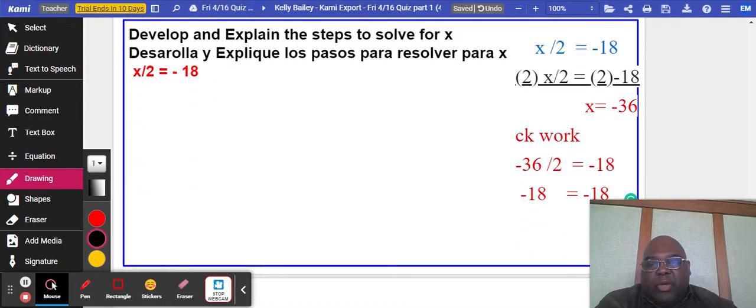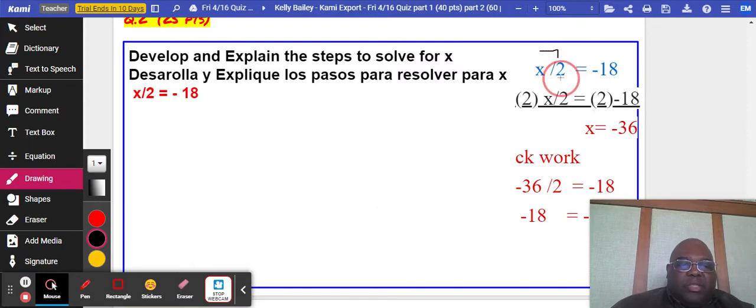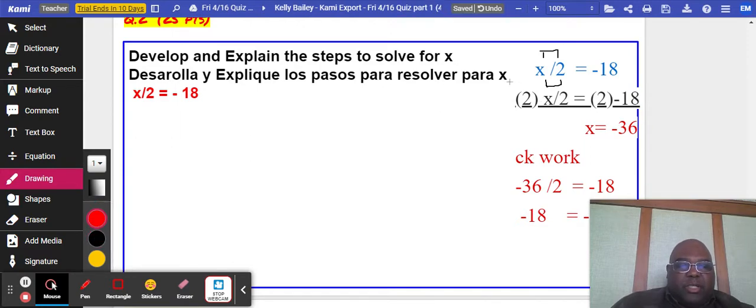Let's talk about question 2. Develop and explain steps for solving x. x over 2 equals negative 18. I rewrite that. I notice immediately that I have to do the opposite of division, and the opposite of division, guys, is multiplication.